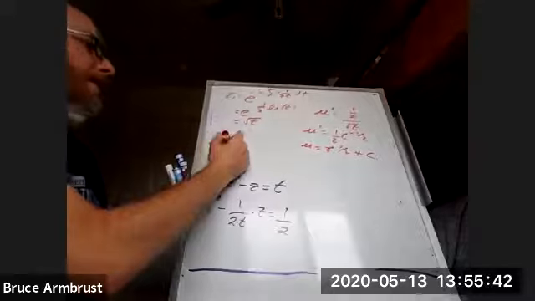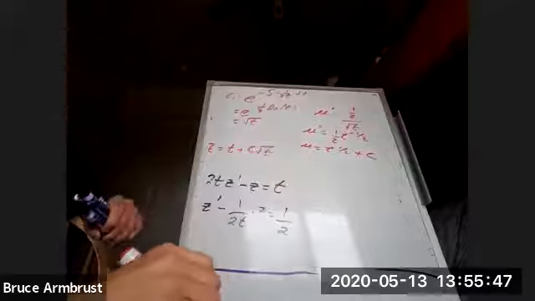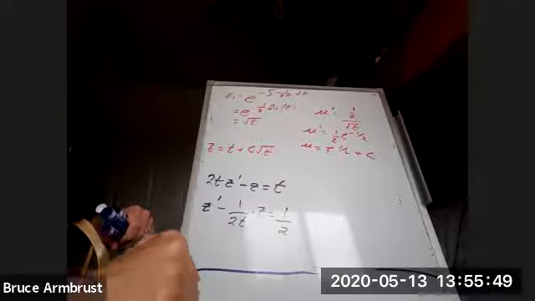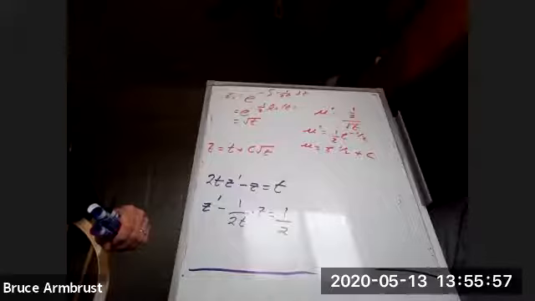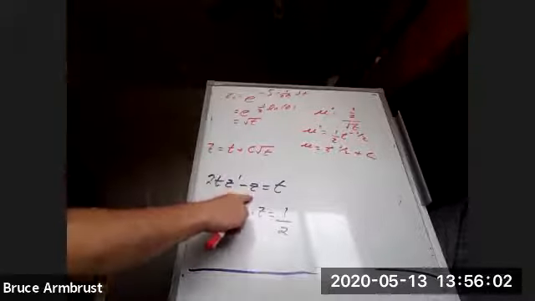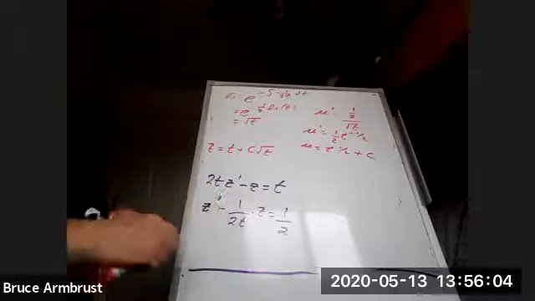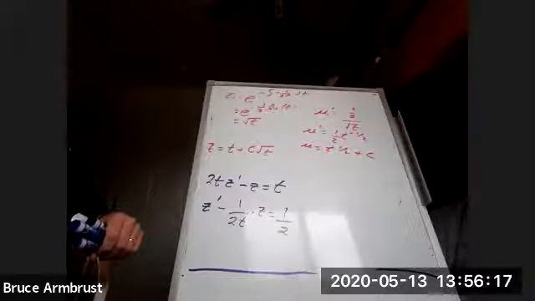So we get z is going to equal t plus c square roots of t. And so that's the solution to this purple differential equation. Assuming I did all the steps right.